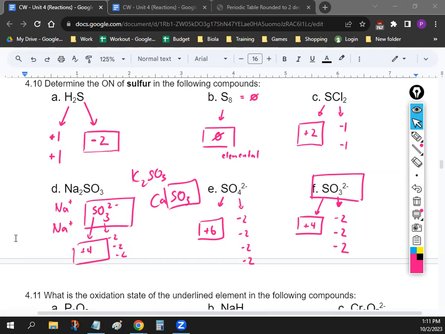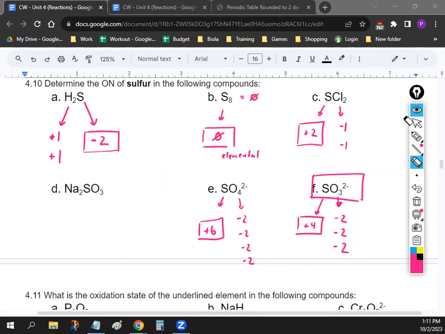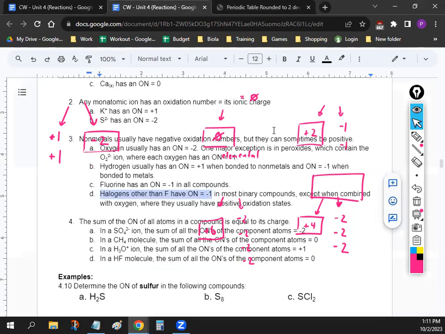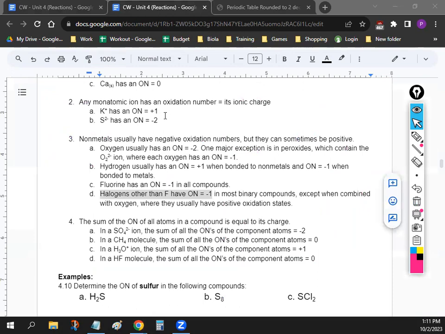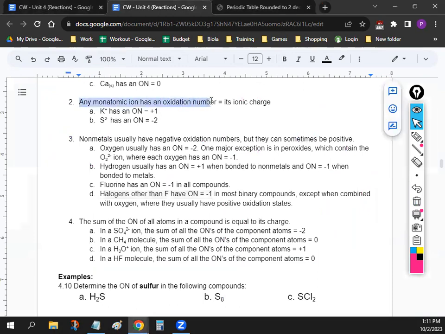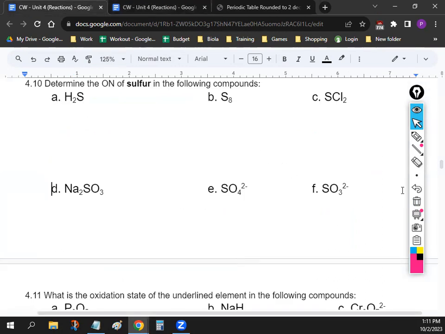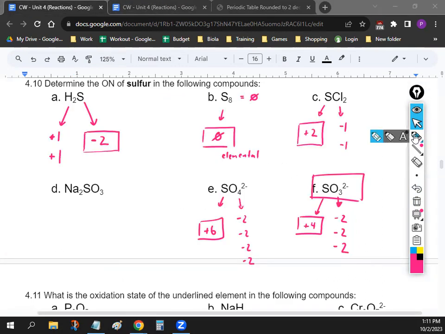Another way you can take a look at this problem, guys, is if this was too complicated. Rule number 2: any monatomic ion, the oxidation number is its ionic charge. So if you take a look right here at Na, we know that Na is +1. So what's the oxidation number for sodium here?